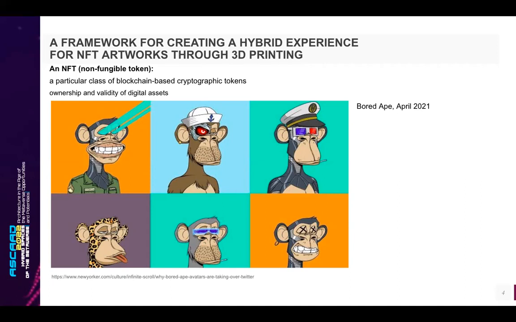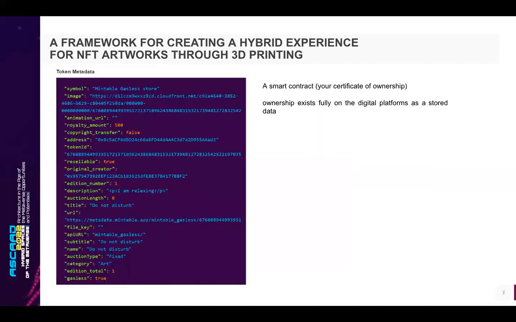This is an example of an NFT series. It's called Bored Ape, launched in 2021. And there are a lot of examples of NFT collections. And this is a smart contract, which means the certificate of ownership.